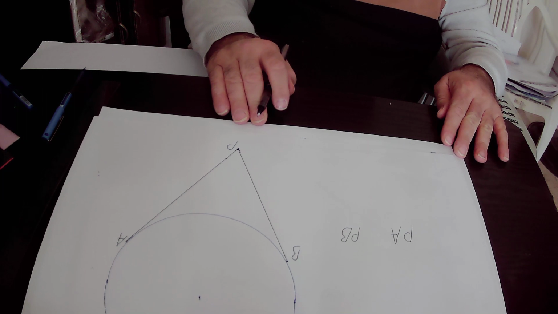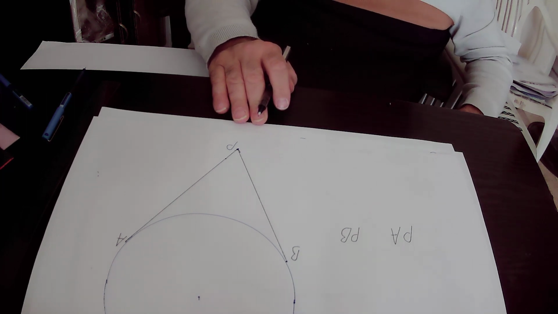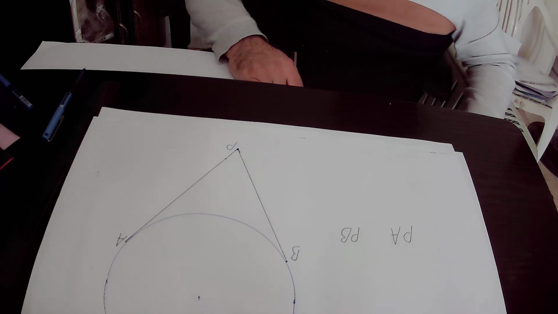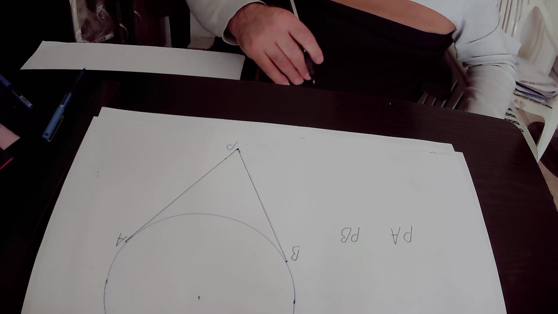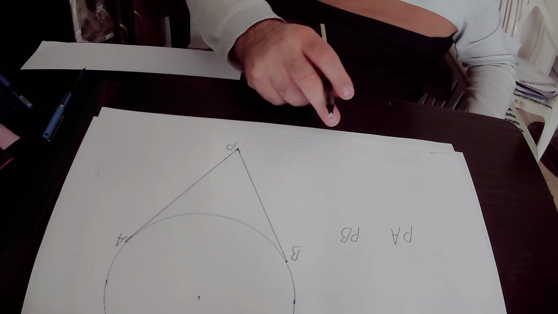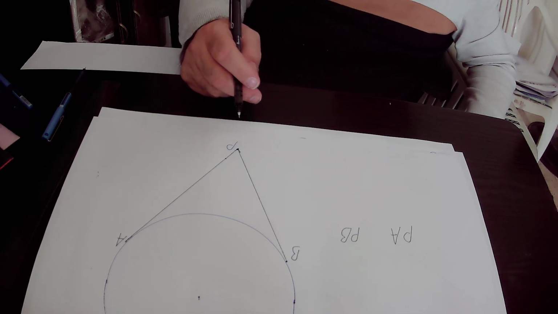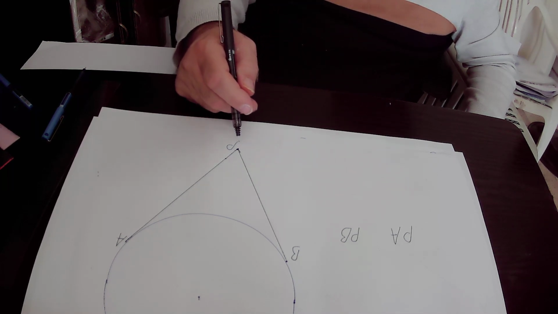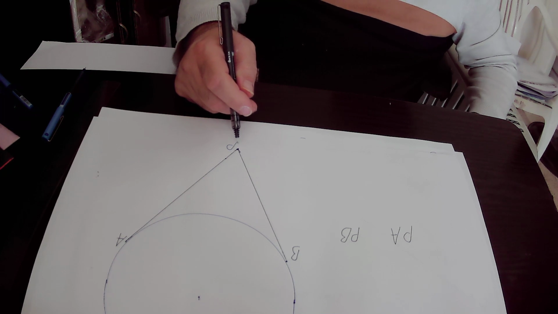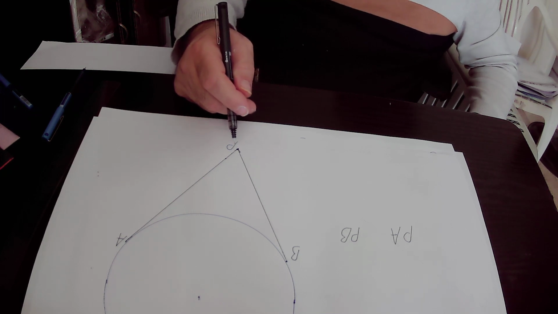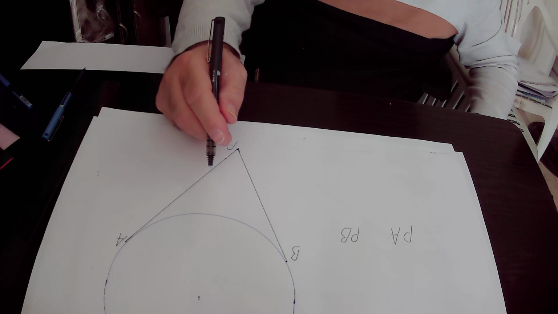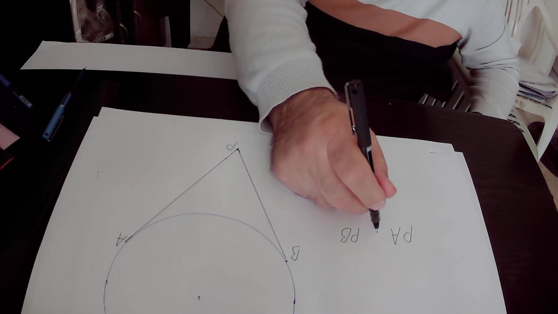The lengths of those two tangents PA and PB that exit from the common external point, point P, to the circle are equal, that is to say PA equals PB.